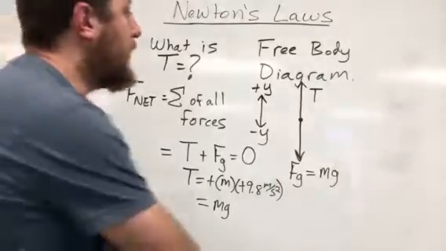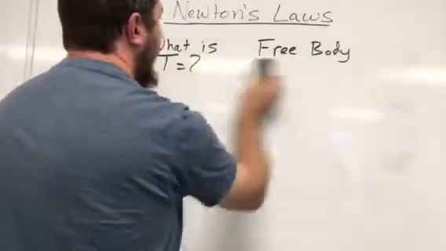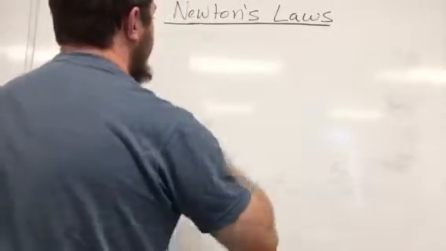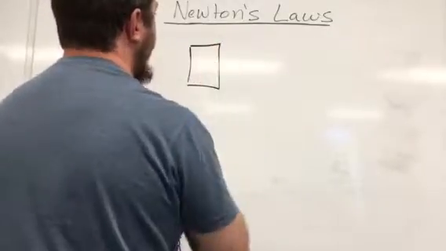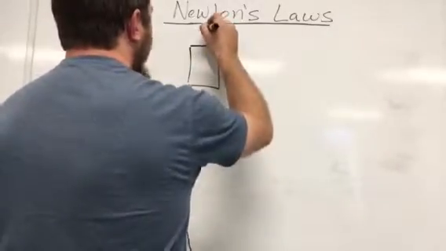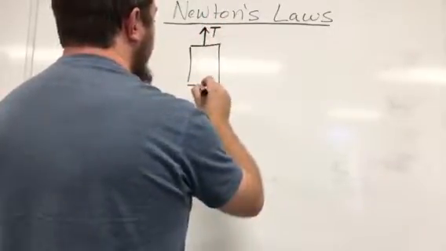All right? Now let's do one more example, and here we will look at an elevator. So imagine we have an elevator, and we have the tension in a cable moving upward.